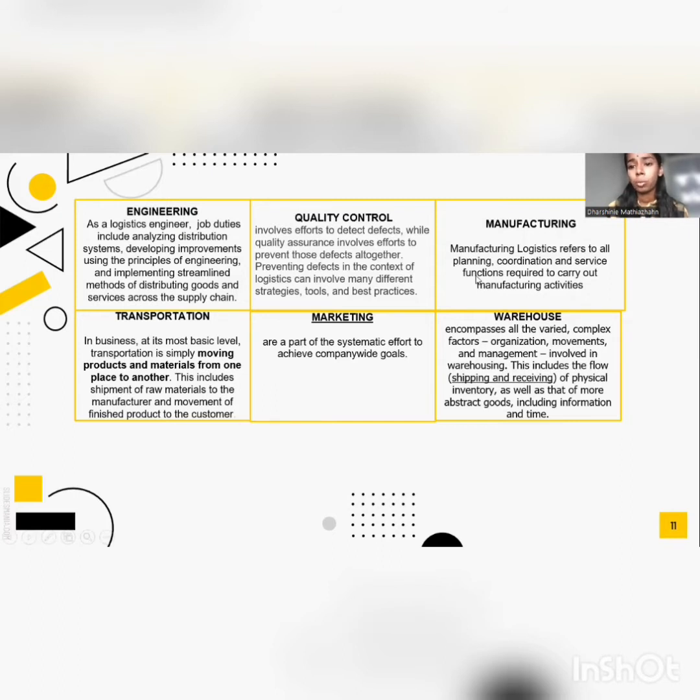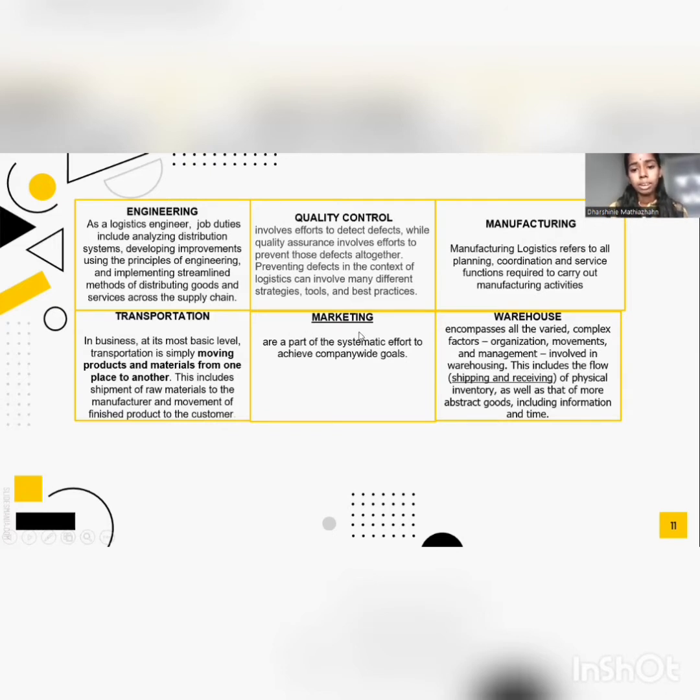Manufacturing logistics refers to the planning, coordination, and services functions required to carry out manufacturing activities. Transportation, in business at its most basic level, is simply moving products and materials from one place to another place.